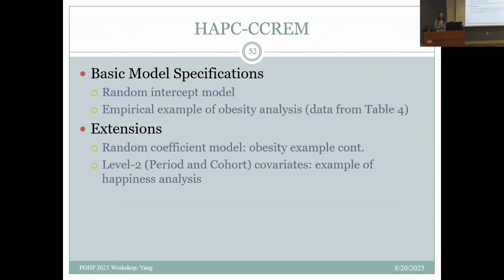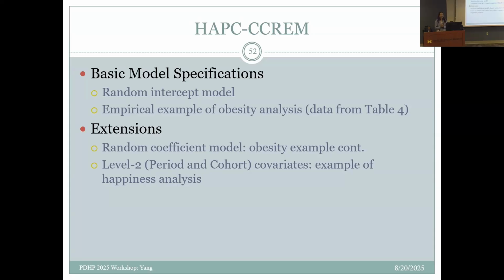So my plan for the rest of this section is to introduce the basic model specifications on which we could build many other extensions. And I'll use the enhanced obesity data that I just showed as an example for this model fitting.